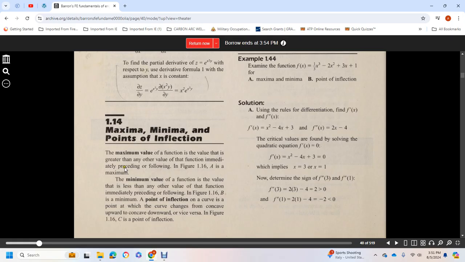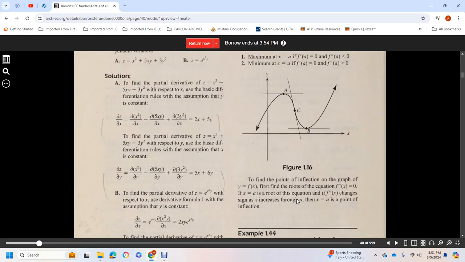Figure 116a is a maximum. A minimum value of a function is a value less than any other value of the function immediately preceding and following it. Figure 116b is a minimum. A point of inflection of a curve is a point at which the curve changes from concave upward to concave downward, or vice versa. Figure 116c is a point of inflection.